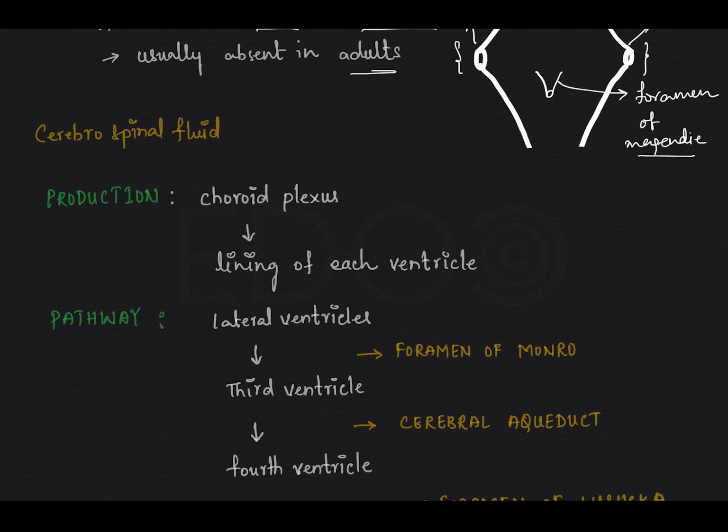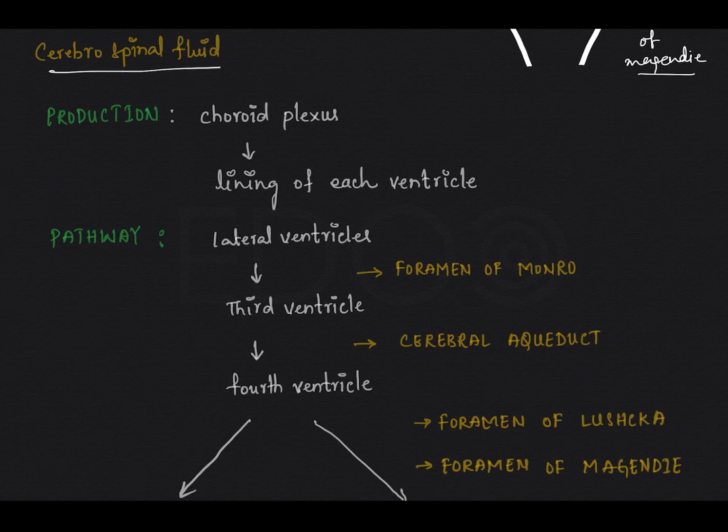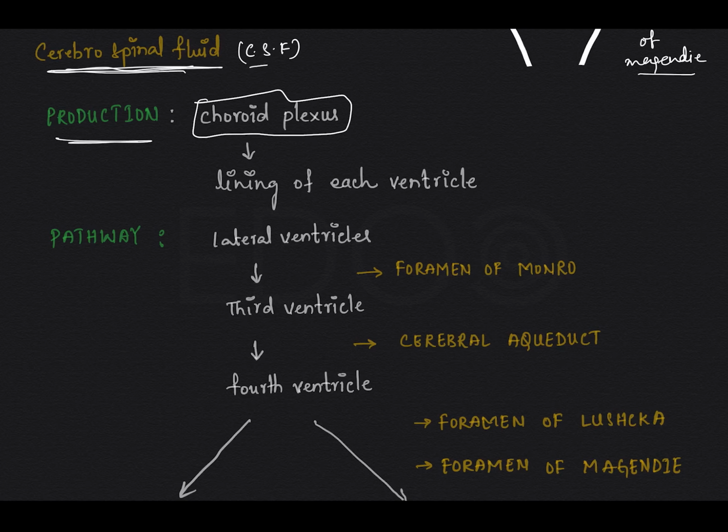And next we move on to the production and pathway of cerebrospinal fluid or CSF. So the production of cerebrospinal fluid is by means of choroid plexus.